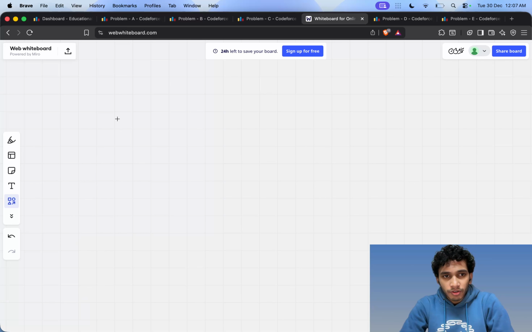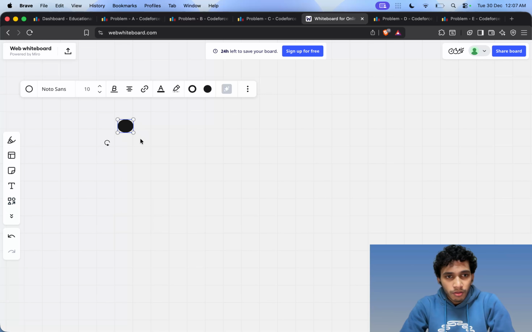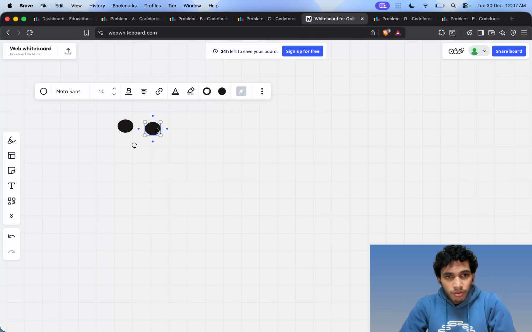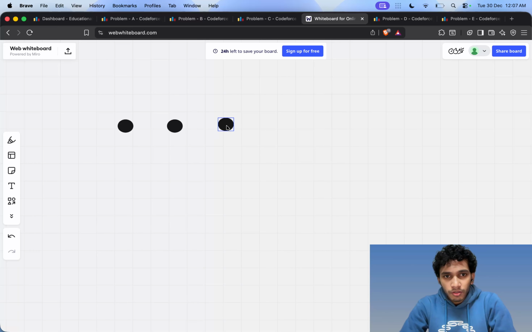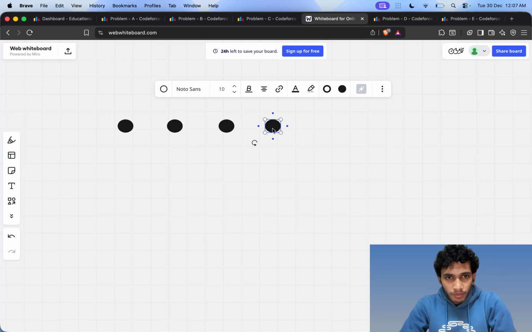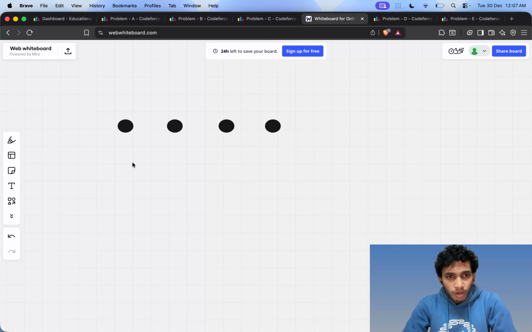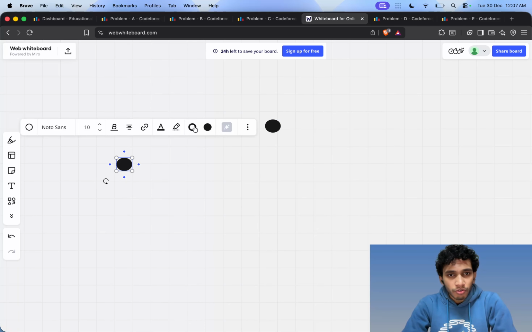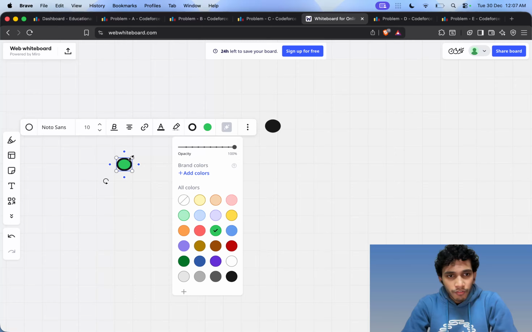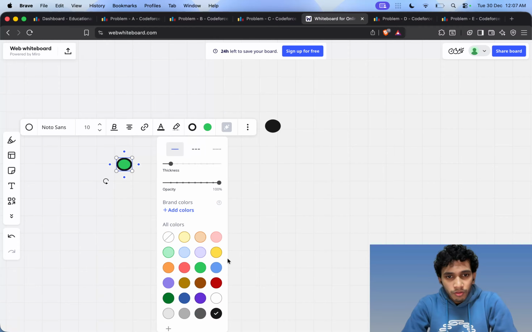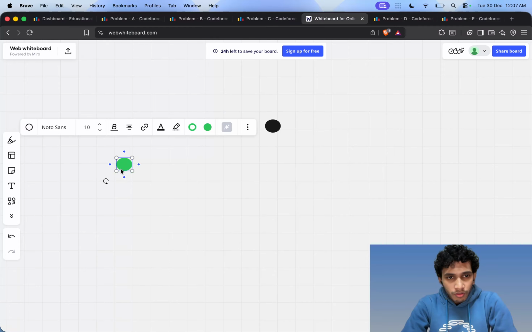Let's visualize what it means. These are some snowballs. Black just means that these are for the head. These are cyclic. Now here there are some snowballs which are for the torso.